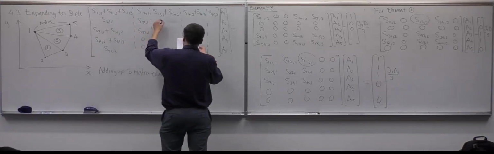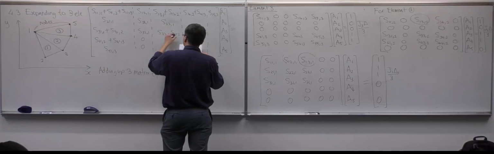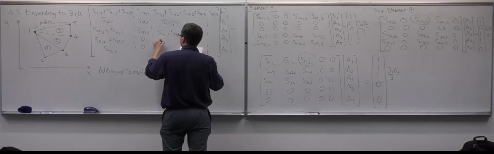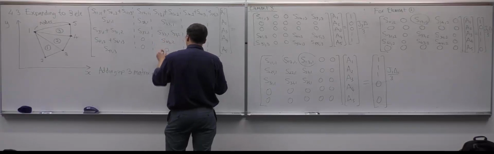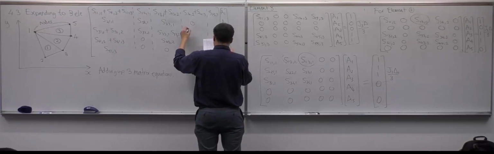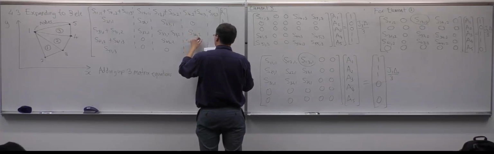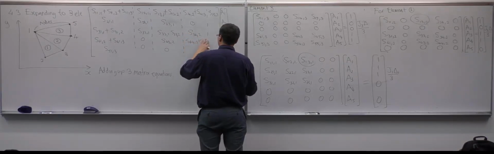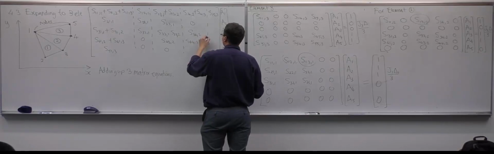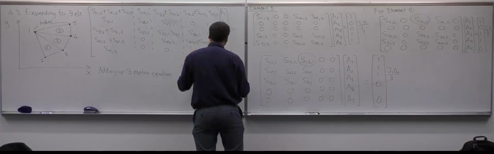Then the third column is S231, S331, S332, S432, and 0. So I highly recommend you check this. 0, S342, S442 plus S443, and then S543.